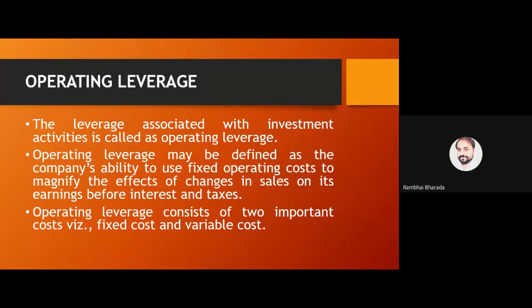Operating leverage has two different important elements of cost. One is variable cost and second one is fixed cost. Here fixed cost means this cost remains the same in respect of level of output. Whether you produce 1 unit, 2 units, 5 units, it remains the same. Suppose I have rented this room for my class.